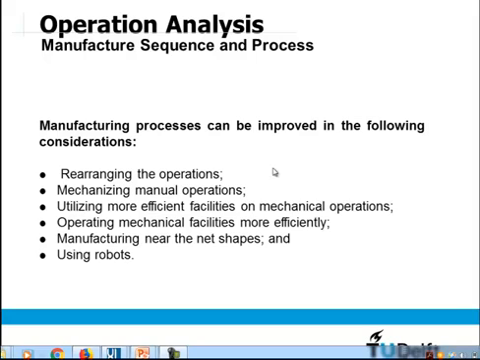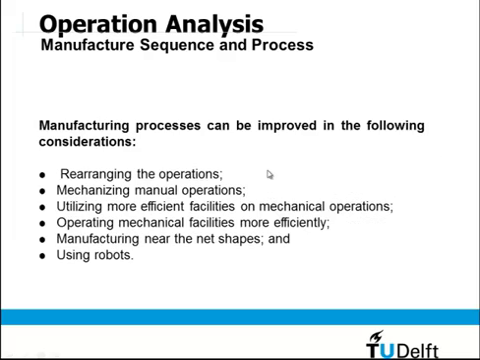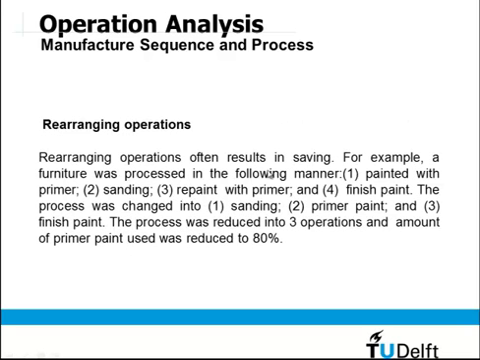First one is rearranging the operations, mechanizing manual operations, utilizing more efficient facilities on mechanical operations, operating mechanical facilities more efficiently, manufacturing near the net shapes, and the last one is using robots. We have to come to the extension of every point.